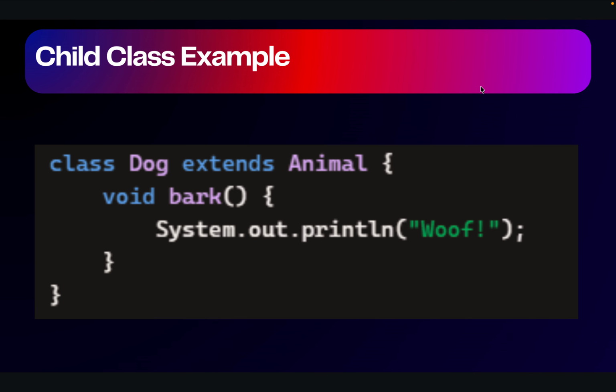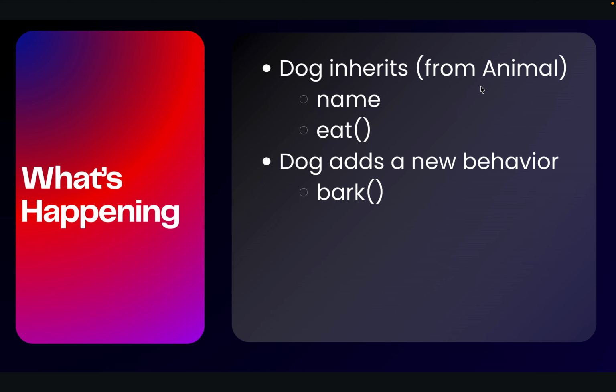Now, if we were to create a class called Cat, we might say void meow. This is showing you how you can use a parent class to inherit common things that maybe all objects related to that class may have, while you still have the ability to customize the class based on what that object is going to be. So again, what happened?